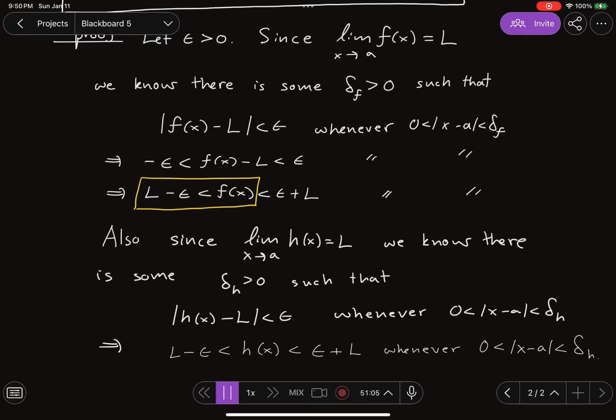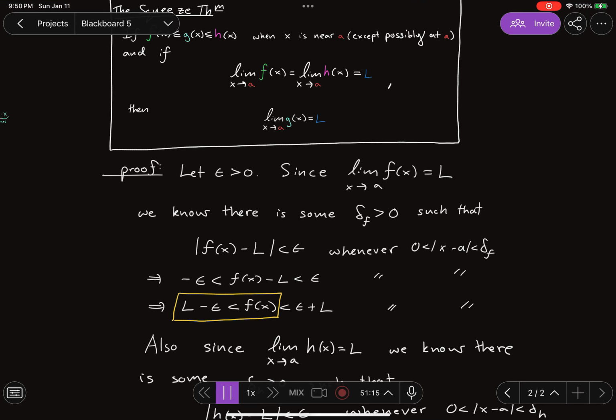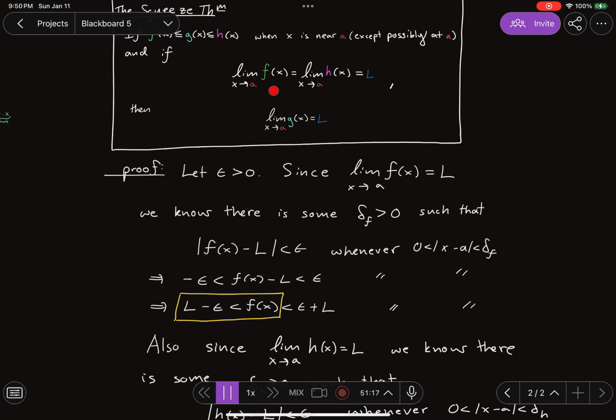Okay, there's an inequality right here. I would really like to have this inequality. And you might get the idea because we haven't used a piece of information yet. So far we've used the fact that the limit of f of x is equal to L and the limit of h of x is equal to L. We haven't used this inequality yet.